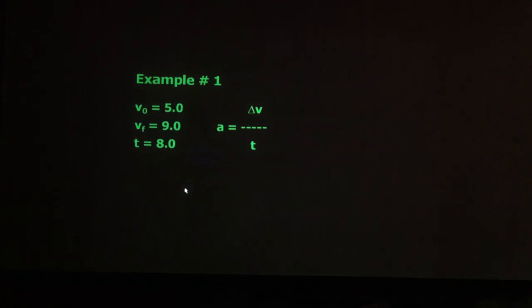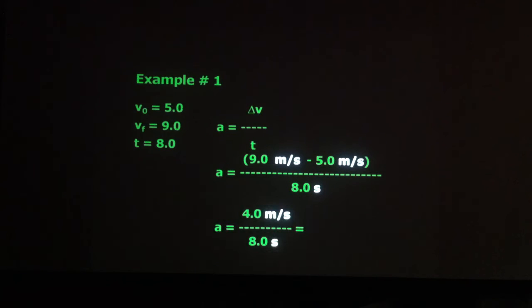So what we're going to do is choose a formula that relates what we know and what we don't know. a equals delta v over t. So our change in velocity is 9 meters per second, our final velocity, minus 5 meters per second. So what is our change in velocity? That's right, it's 4.0 meters per second.